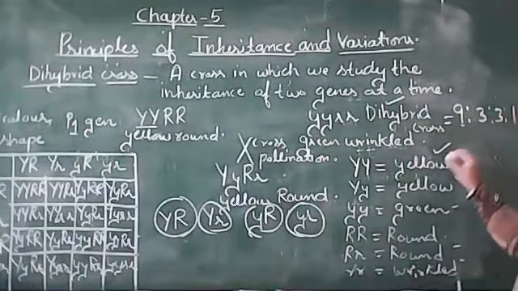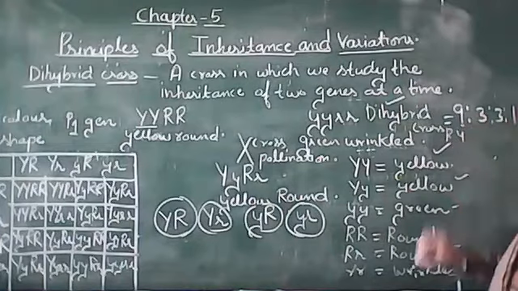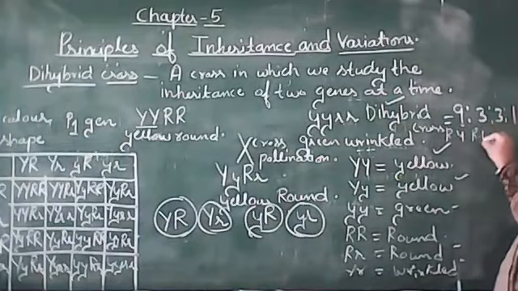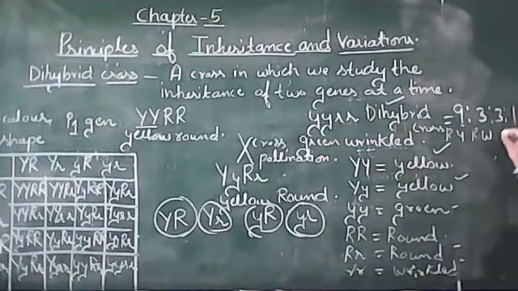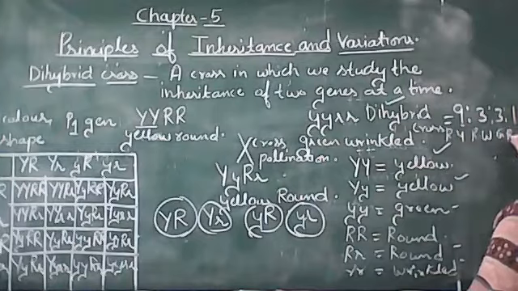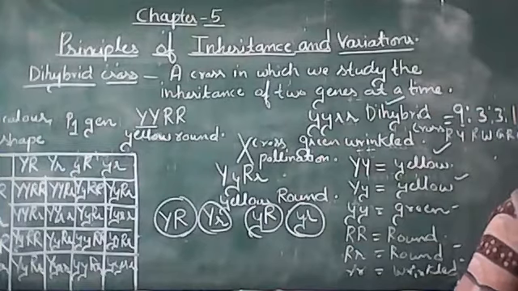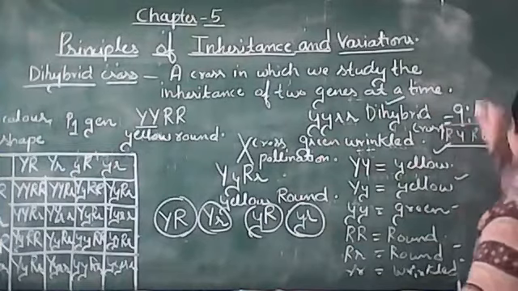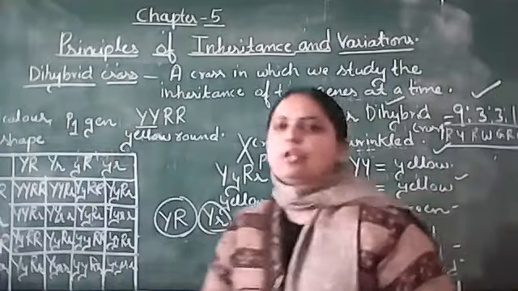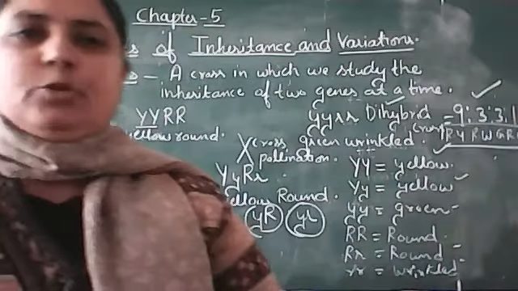So here 9 is round and yellow in nature, 3 is round but green, and 3 are, you can say, yellow but wrinkled in nature, and 1 is green and wrinkled. So in a dihybrid cross, we always obtain a 9:3:3:1 ratio.